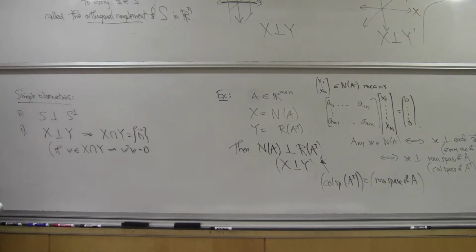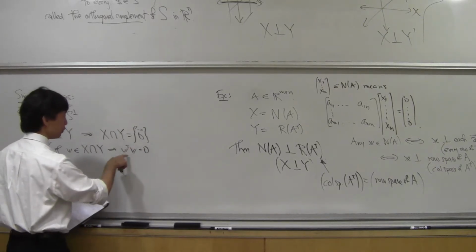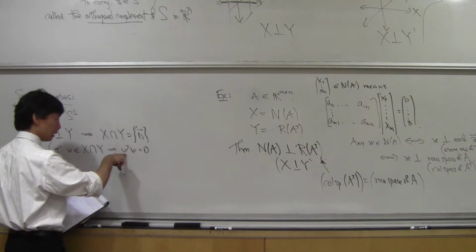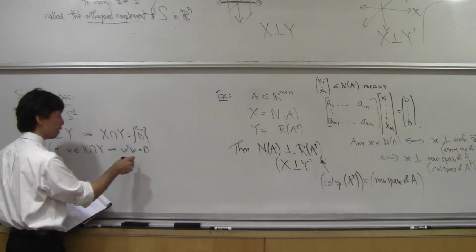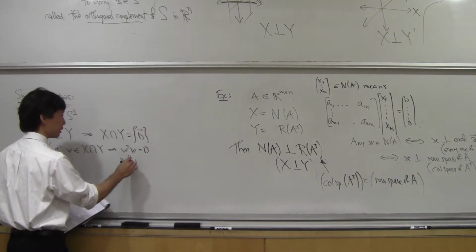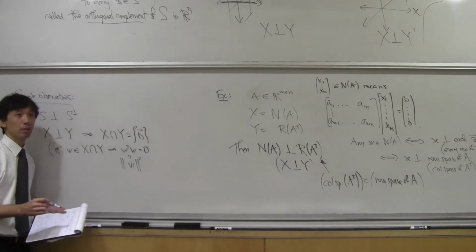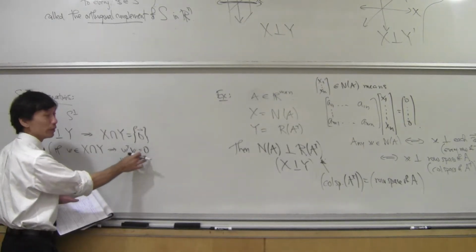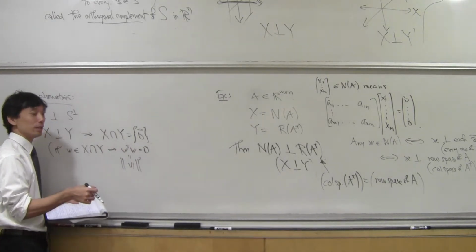The dot product of the vector against itself would be 0. This is the same thing as the magnitude of the vector squared. So the magnitude of your vector would be 0, so it's the 0 vector.